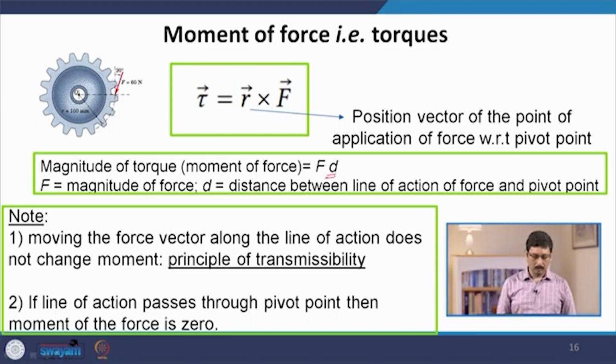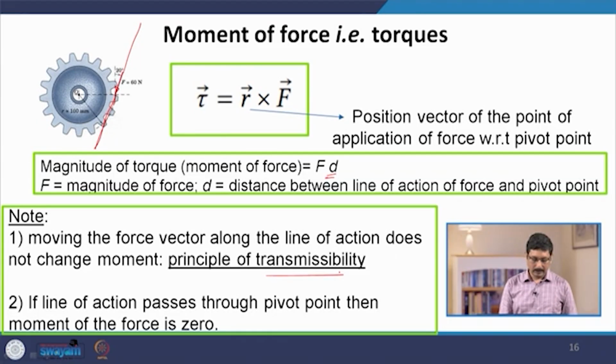Now, there are two remarks. First, this is the line of action. If you move this force along this line of action without changing its magnitude and direction, it does not change the torque. This is called the principle of transmissibility.